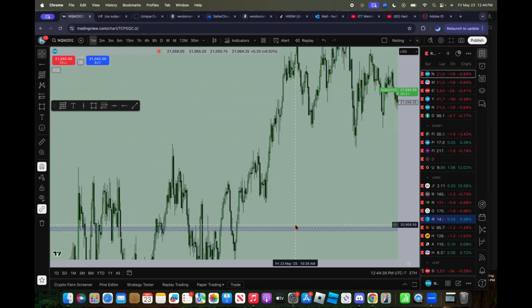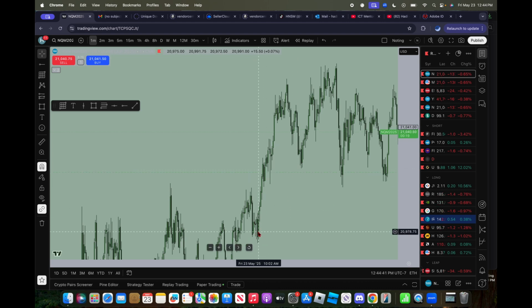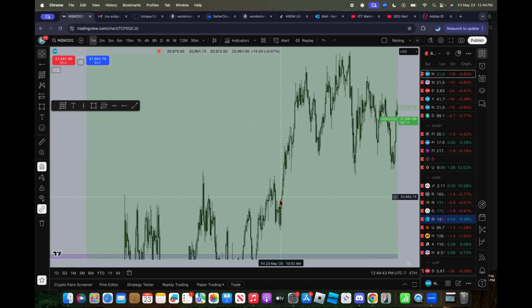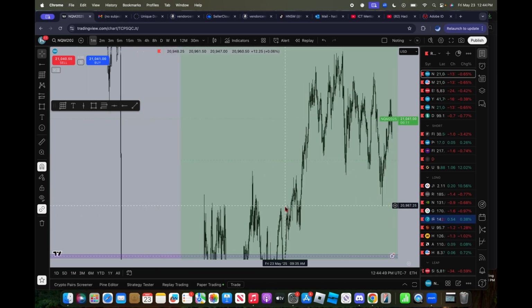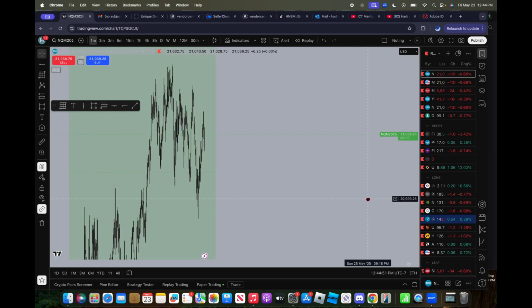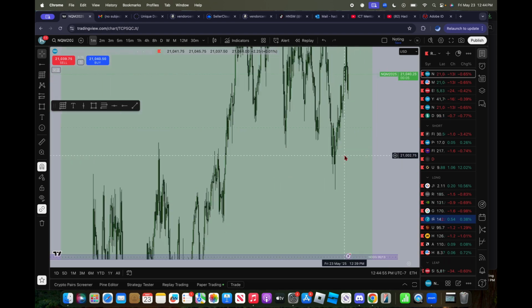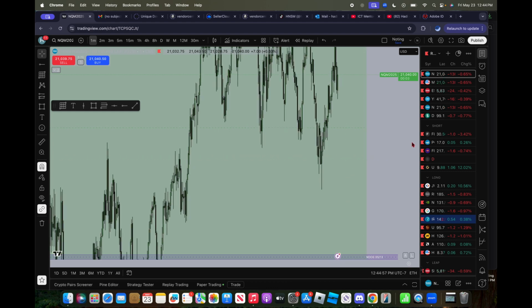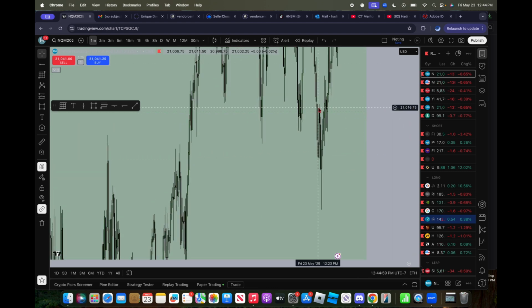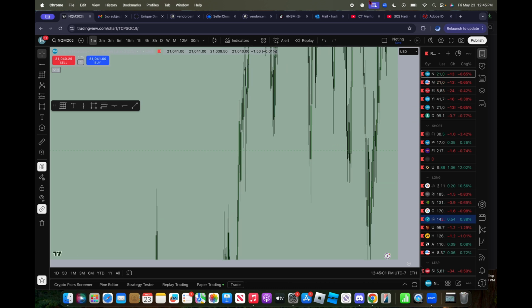I think there's probably some model that would have allowed me to try to go long, but this whole price run higher, I wouldn't be participating in that. Actually, let me see if there's a volume imbalance.